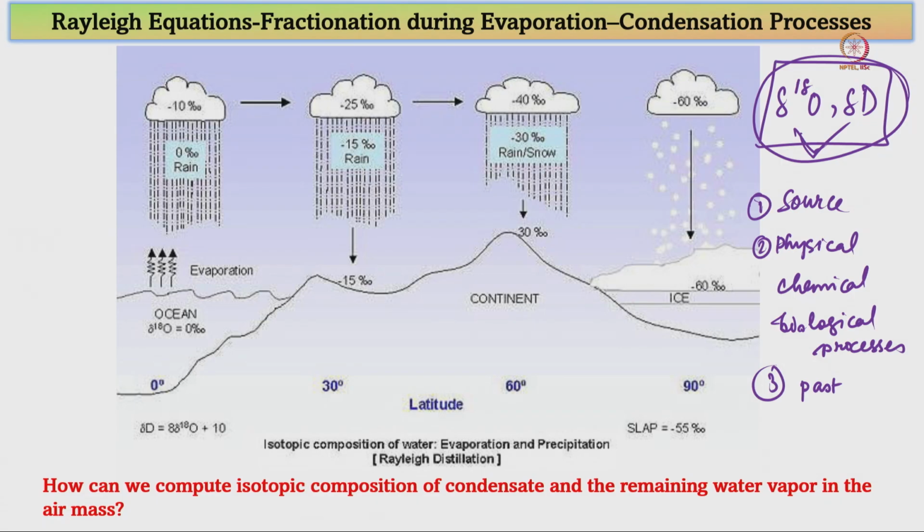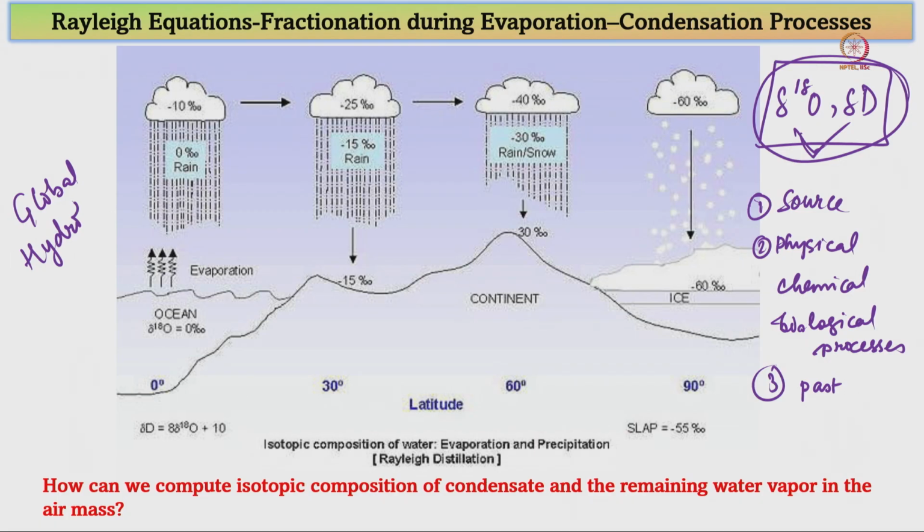And when we are looking into this kind of global hydrological cycle, okay, for instance, suppose I am in India and there is a rainfall event currently occurring. How much of the water vapor masses is coming from different sources, say the Indian Ocean as compared to the continental vapor?